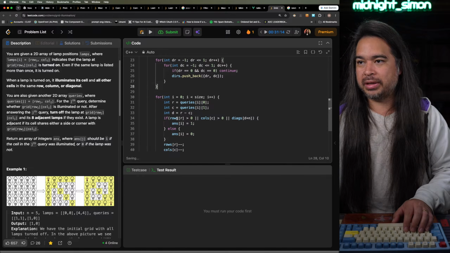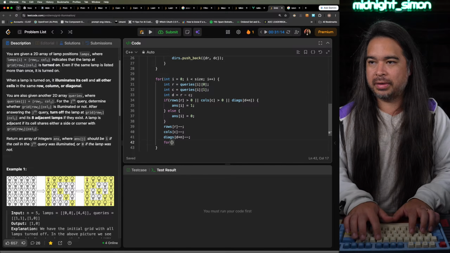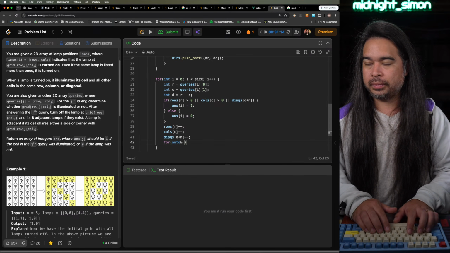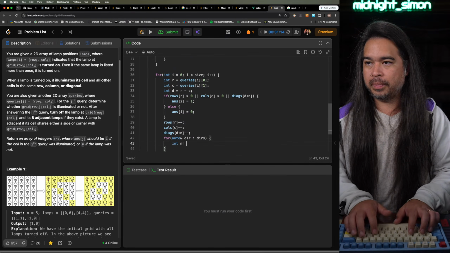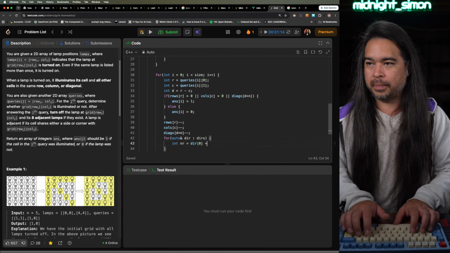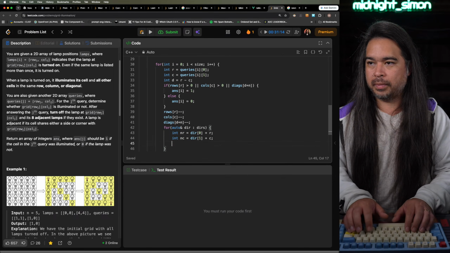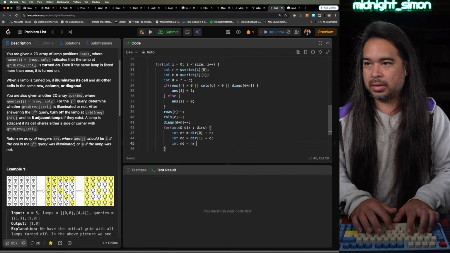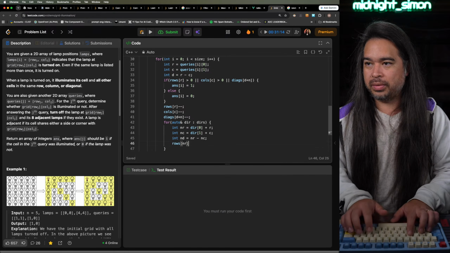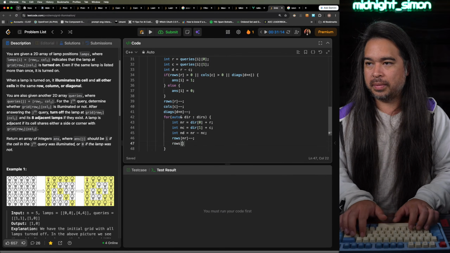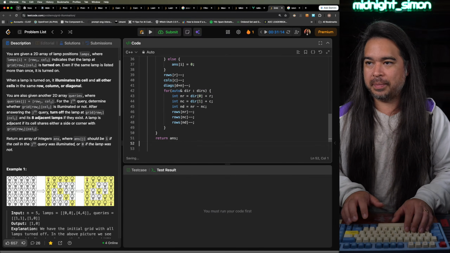So those are my 8 directions, and then here I turn off these, but then I also turn off these. So rows, new R. Like that.